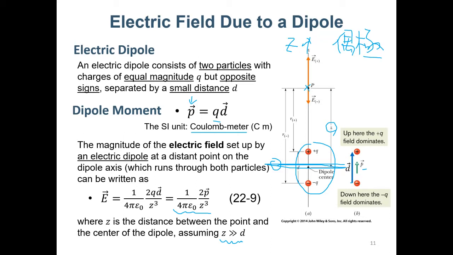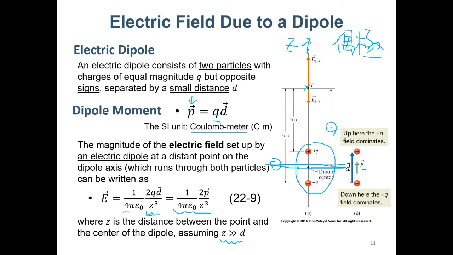It is 1 over 4 pi epsilon 0 times 2qd over z cubed. Why is there a cube, not z squared? Actually, there is a 2 here and a 4 here. Maybe you can cancel one of the 2s so that it becomes 1 over 2 pi epsilon 0, okay.